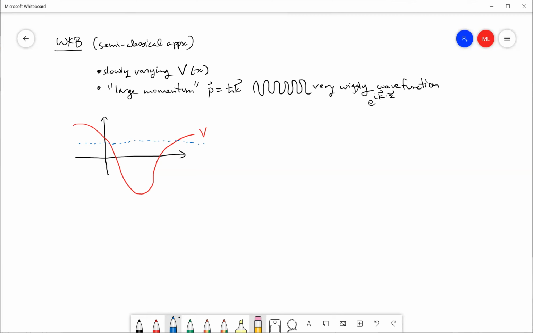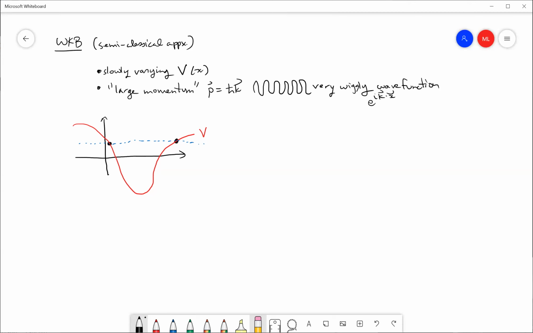And the idea is that we're going to try to approximate the quantum problem using the classical limit. In the classical limit, if you have a particle living in this potential, it'll just rattle around inside this region. Whenever the total energy hits the potential here, that's where you're done, right? The particle just turns around there because you can't have negative kinetic energy.